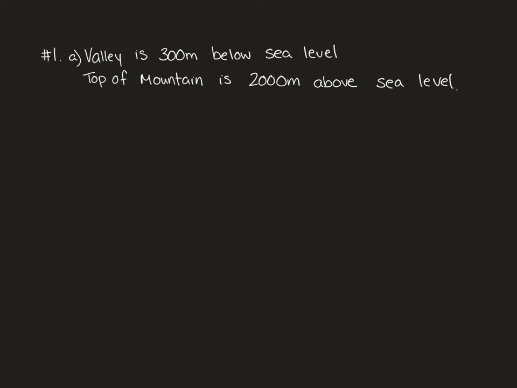The first question says that there is a valley that is 300 meters below sea level, and the top of the mountain, so the valley is created by the edge of the mountain, is 2,000 meters above sea level. So if we were to look at this, here's our valley, and here is the top of our mountain.